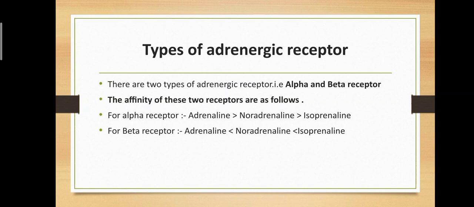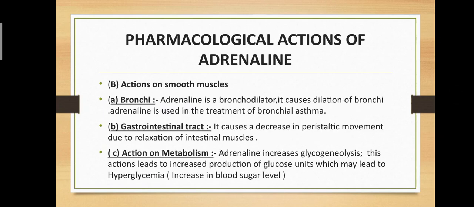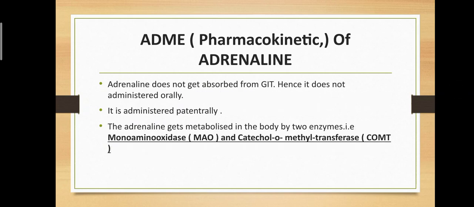Types of adrenergic receptor: alpha and beta receptors. Action on CVS, heart, blood vessels. Action on smooth muscles, under which bronchi and gastrointestinal tract. Action on metabolism. Action on eyes. Action on the uterus.